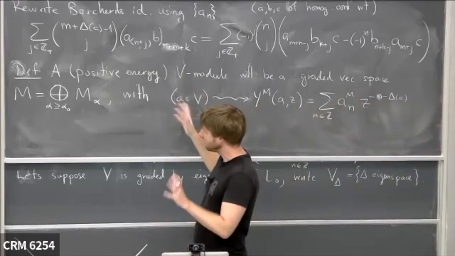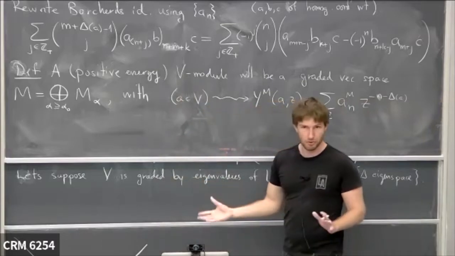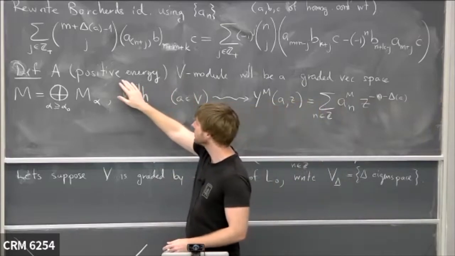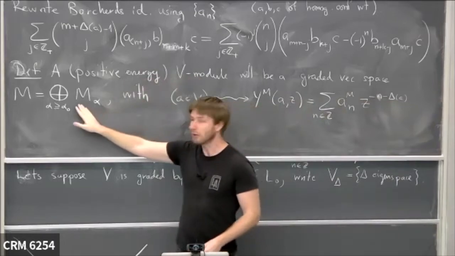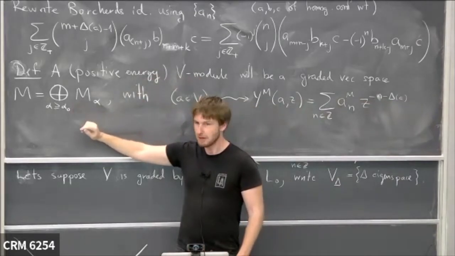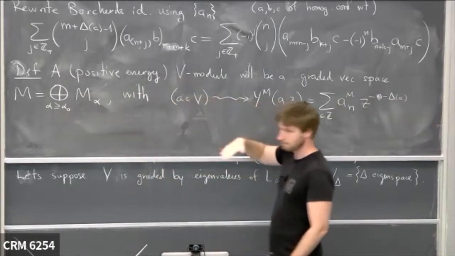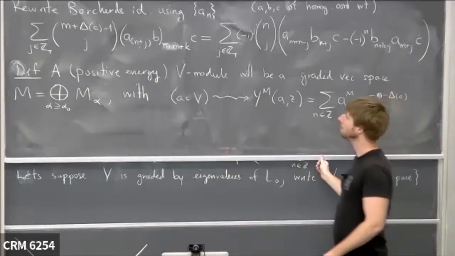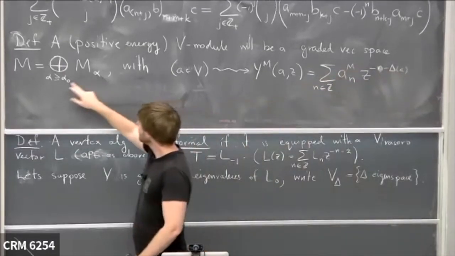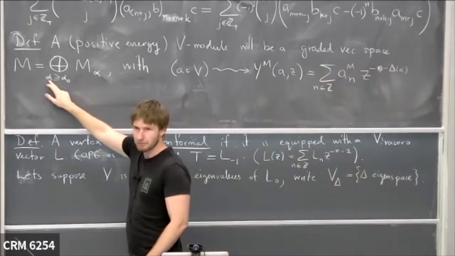There's a variety of hypotheses you can impose or not. In this case, I'll start with a grading on the vector space by numbers greater than or equal to some lower bound.